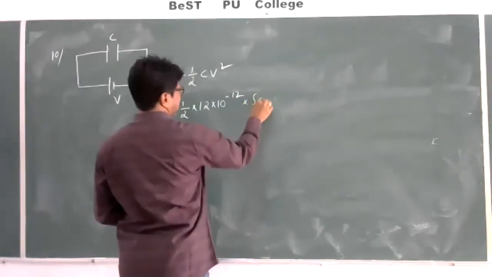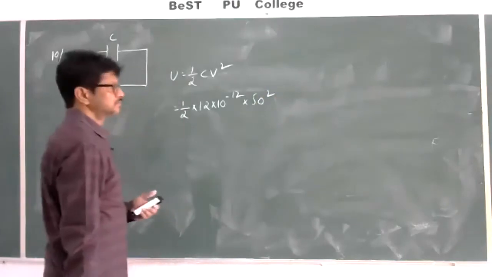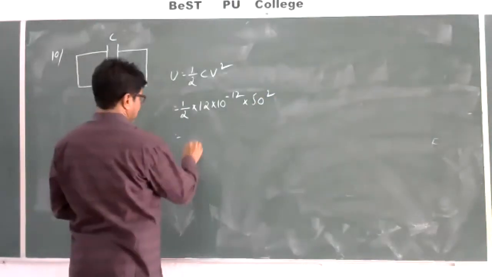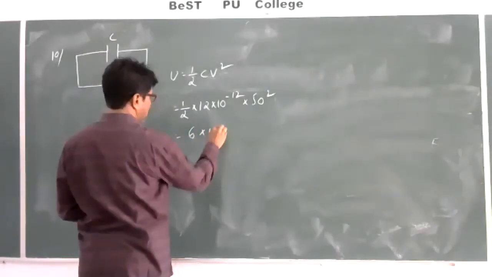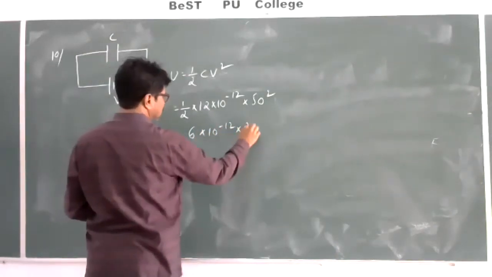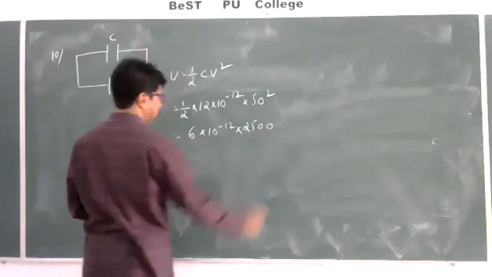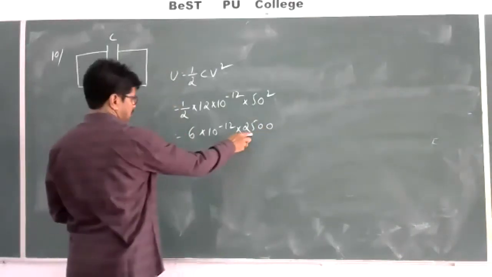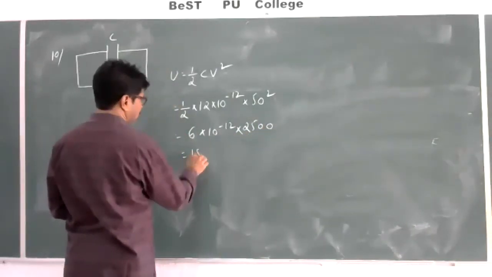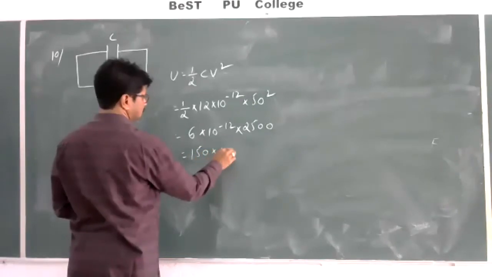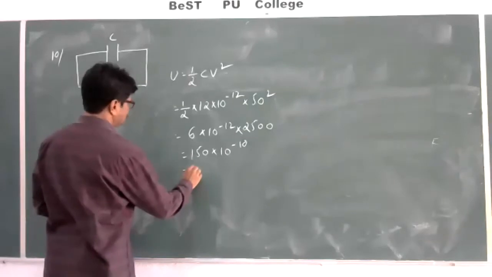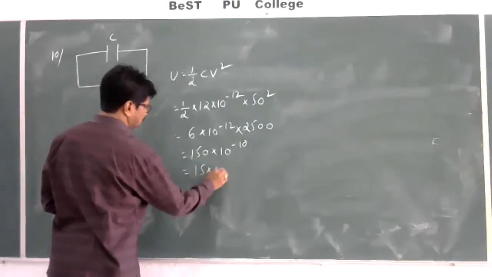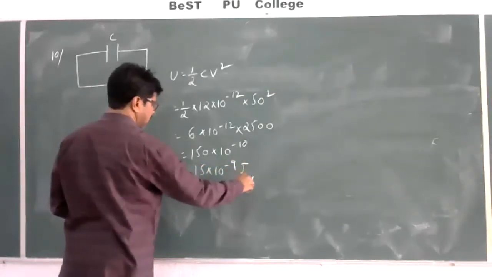Into 50 square, which is equal to 6 into 10 to the power of minus 12 into 2500. 625s are 150 into 10 to the power of minus 10, which is equal to 15 into 10 to the power of minus 9 joules.